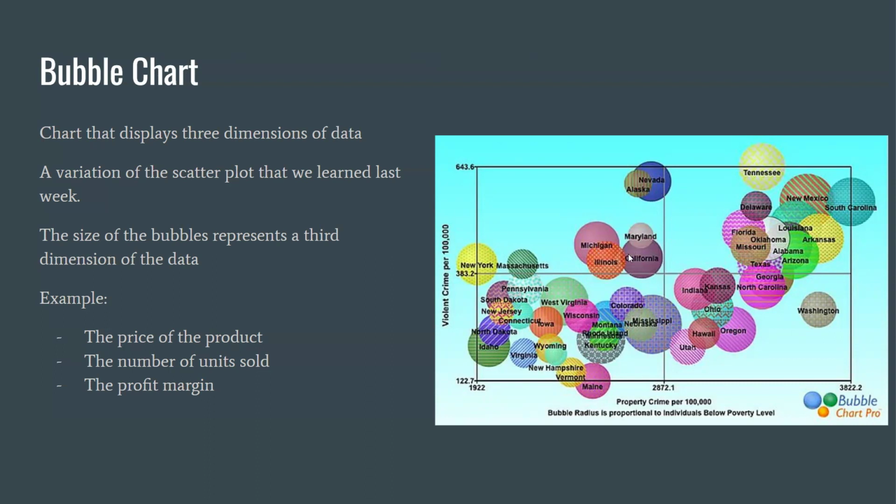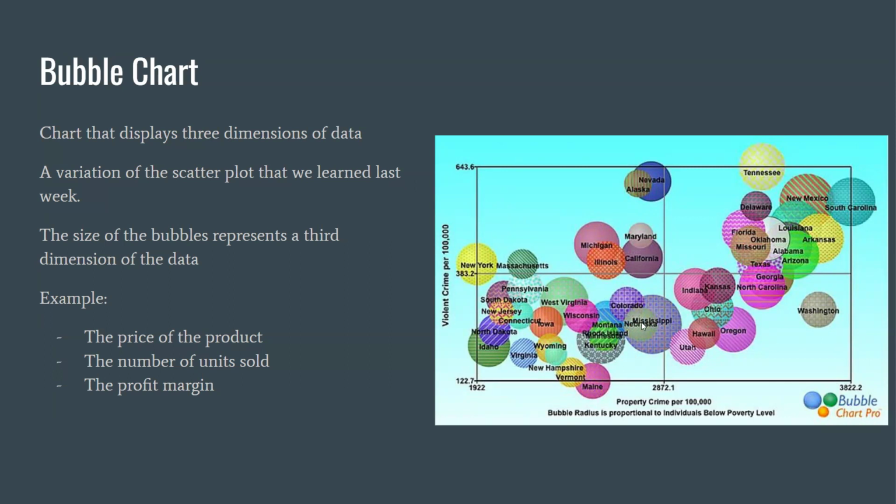So bubble charts are similar to scatter plots, but with the added feature that the size of the bubble can represent an additional dimension of the data. When we look at characteristics of a bubble chart, we would have an x-axis and y-axis like a scatter plot.